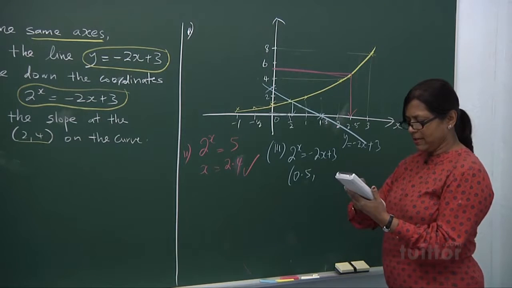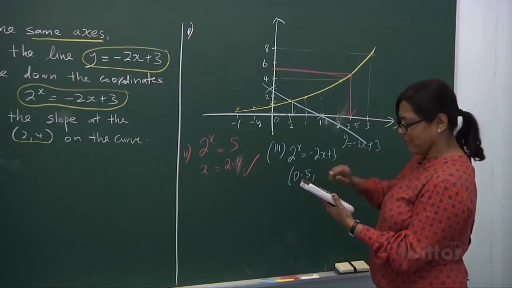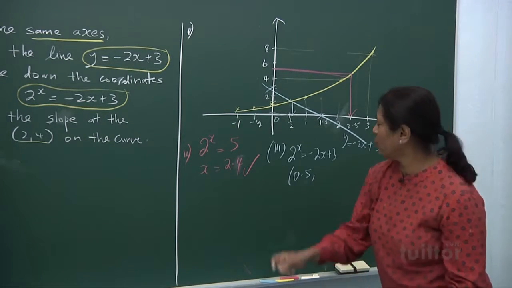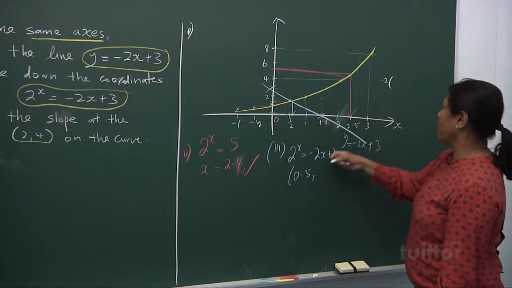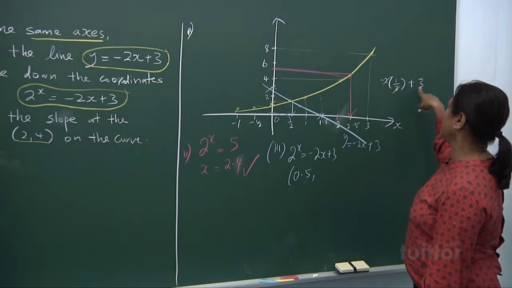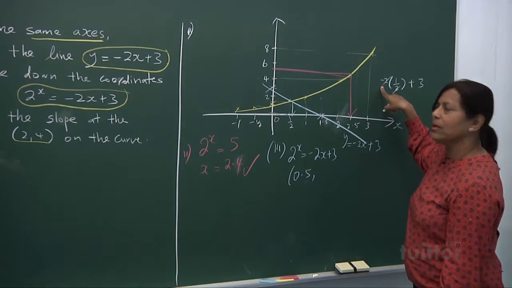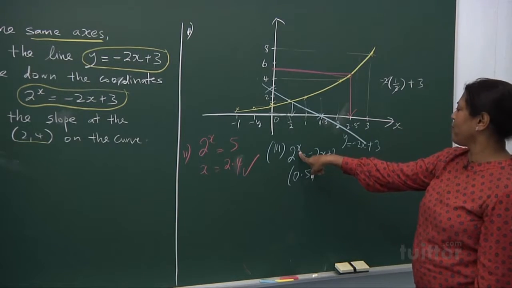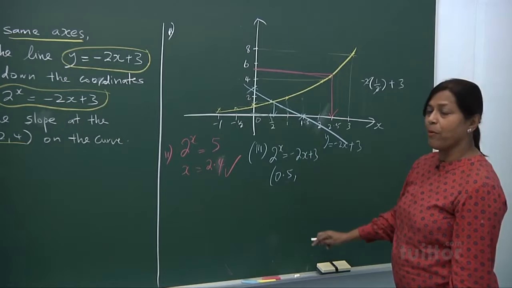And here, if you put in 0.5 at this part of the graph, minus 2 times 0.5, which is a half, plus 3, you get 3 take away 1, you get a 2. Whereas if you put 0.5 here, 2 to the power 0.5 is 1.4.